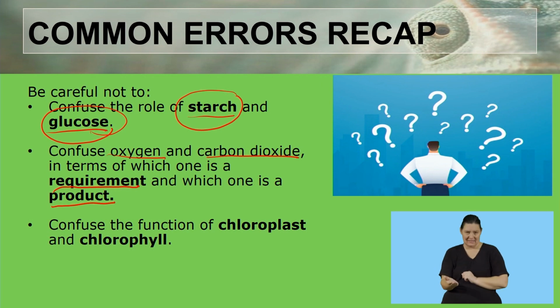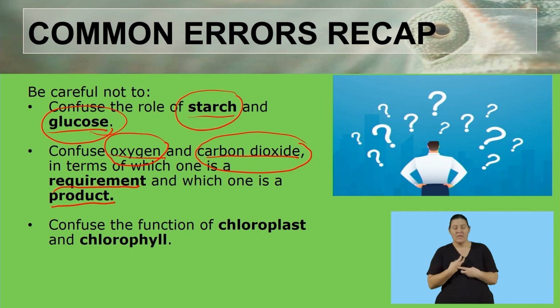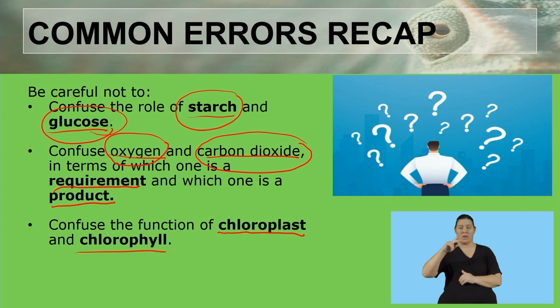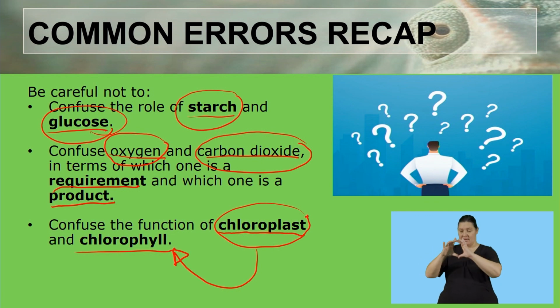If you remember, photosynthesis requires carbon dioxide in order for it to happen, and then it gives out oxygen as a product. And lastly, do not confuse chloroplast and chlorophyll. Chloroplast is a structure that contains chlorophyll, which is a pigment that is responsible for absorbing light energy, for absorbing carbon dioxide from the atmosphere.